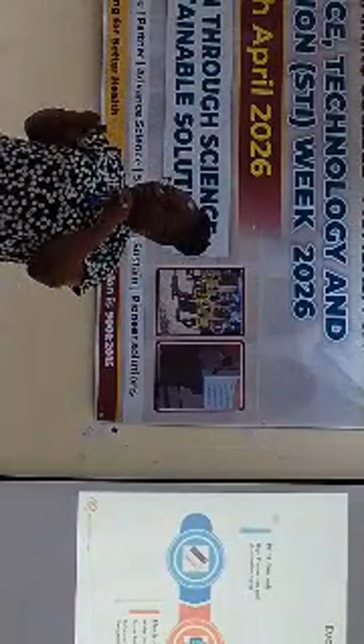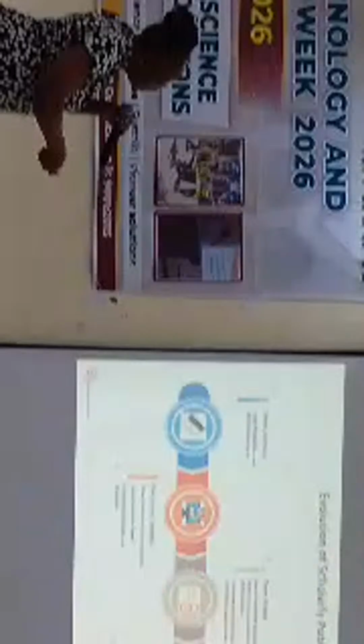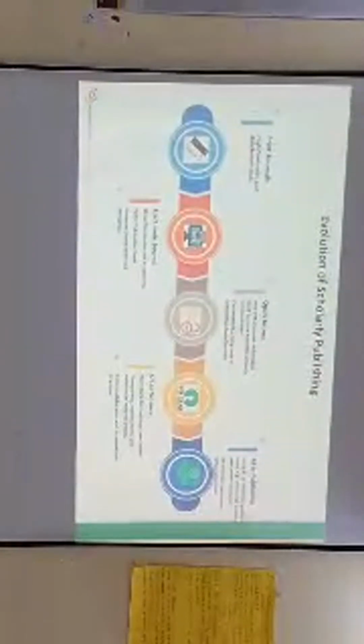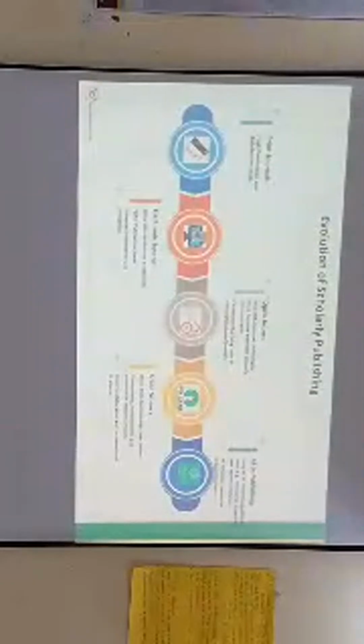So when the open access era came in, many people jumped into this publishing space, including institutions and professional bodies, saying we can actually host these journals because it's not too costly to begin one. So they started that.